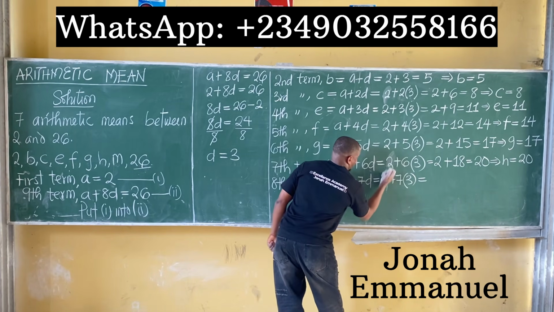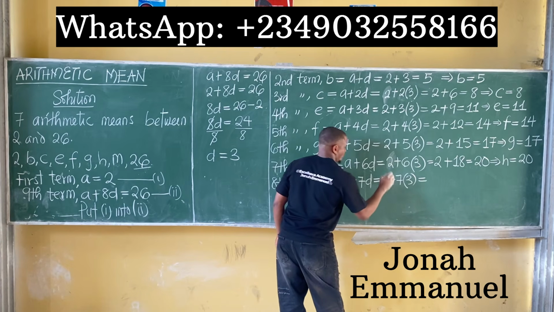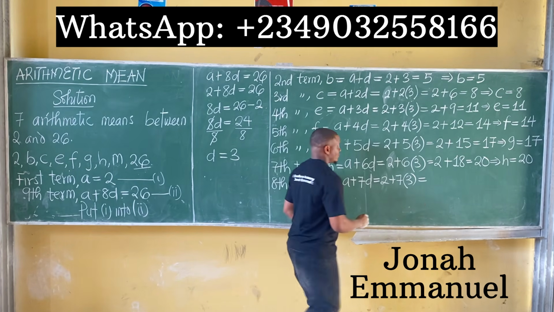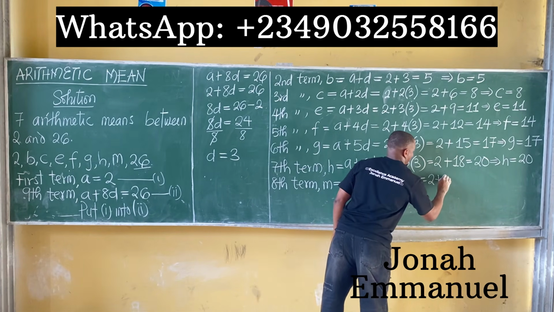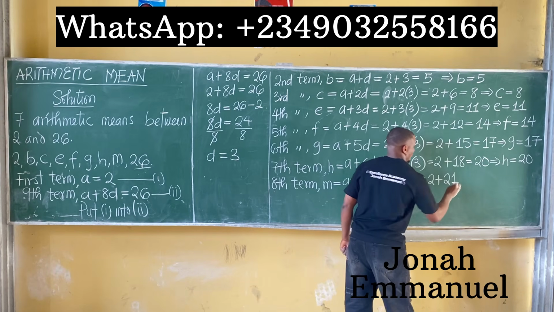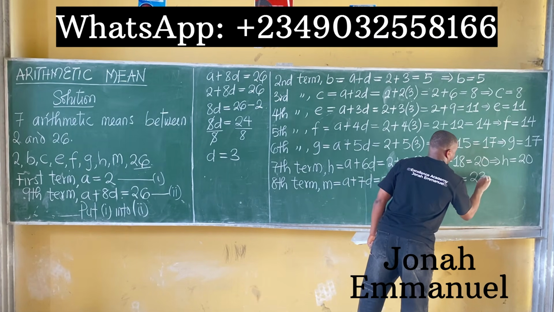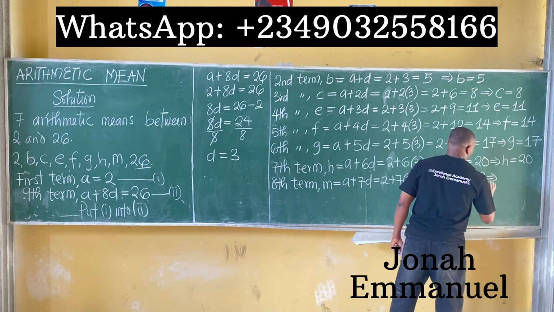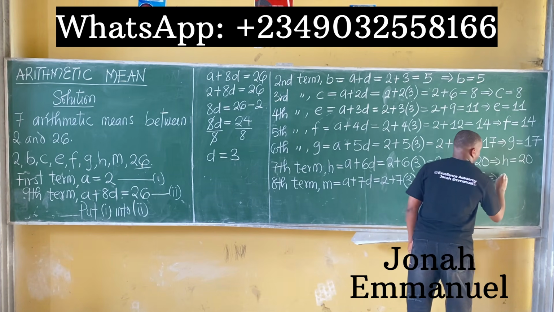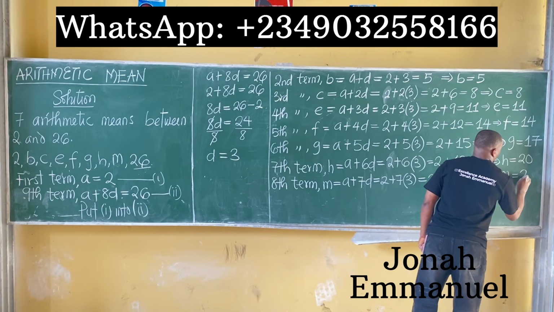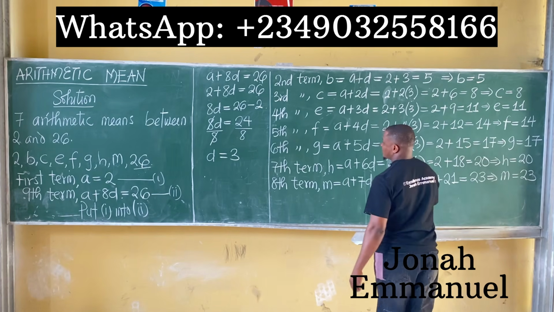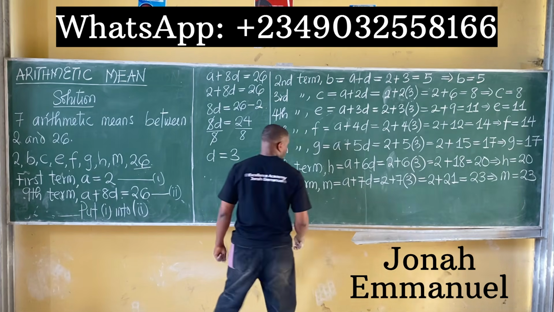The value of A is already 2, so I'll put 2 here. 2 plus 7 times 3. That's 2 plus 21, which is 23. So it means that M is equal to 23. So we have this.